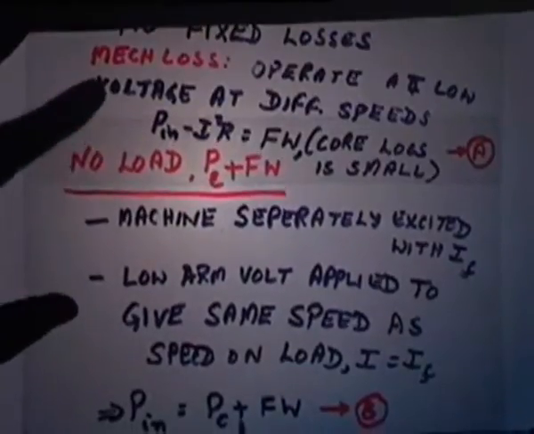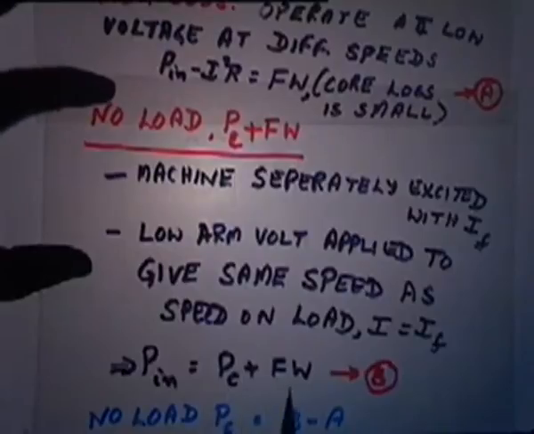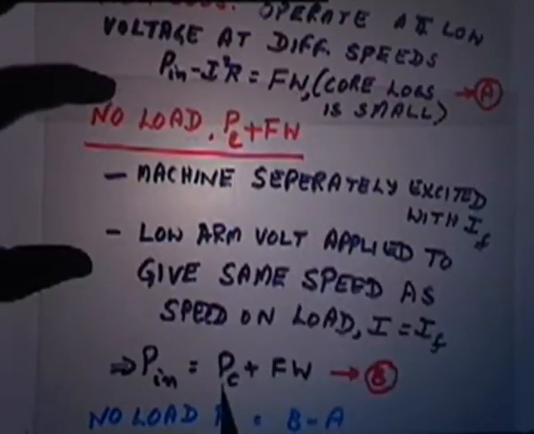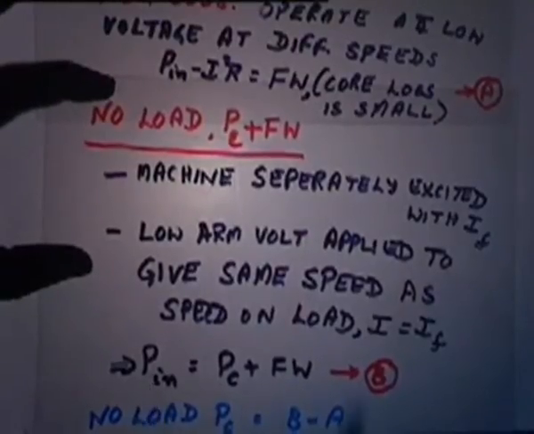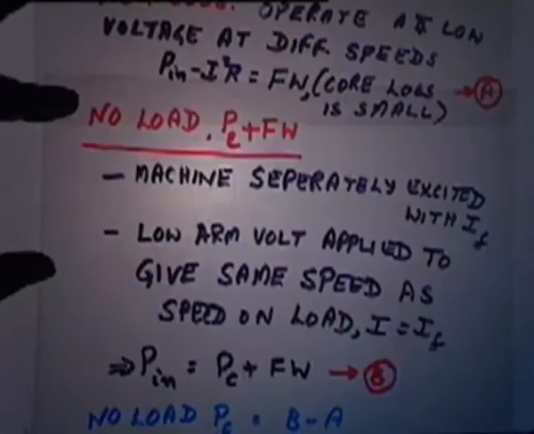The input power now will be equal to the core loss plus friction windage. Earlier we only obtained friction windage, here we have friction windage plus core loss. Let us say friction windage plus core loss is B and only the friction windage is A, then we can separate out the core loss. So PC will be B minus A.